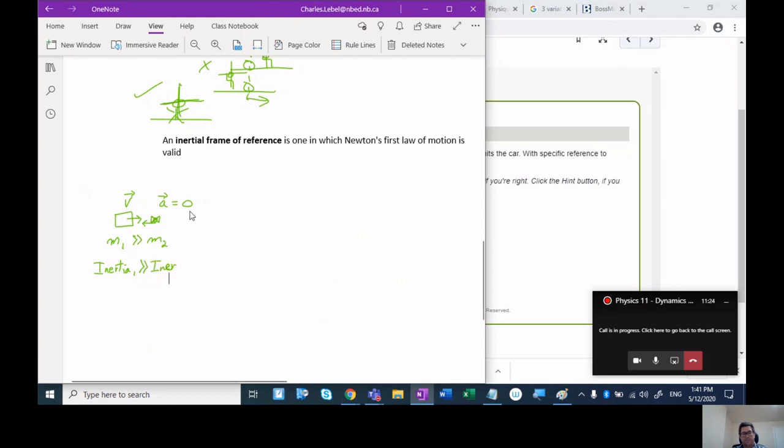Because if it was a massive object, it would simply change its direction. Because it is much bigger than this inertia, this inertia would win if you want, right?